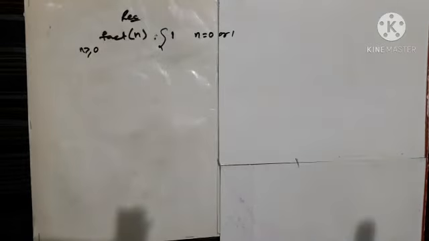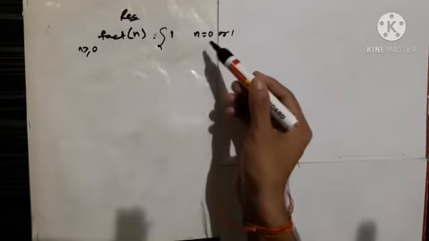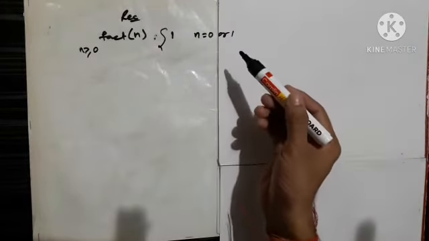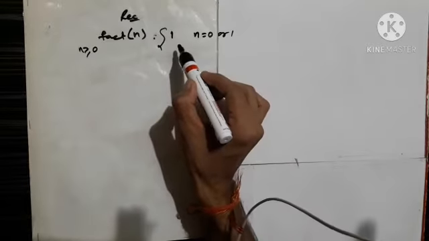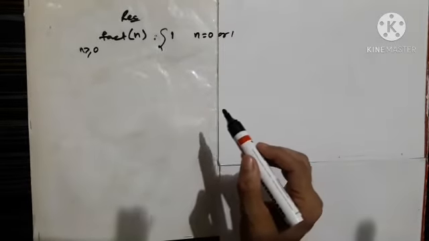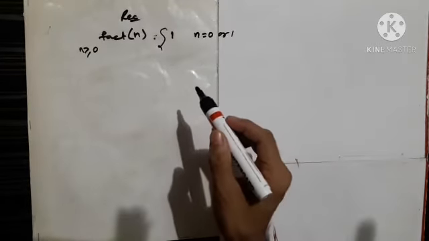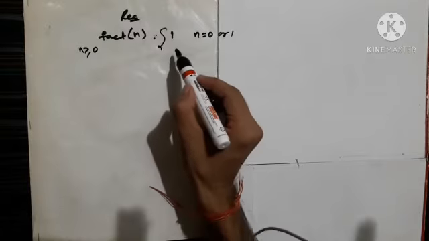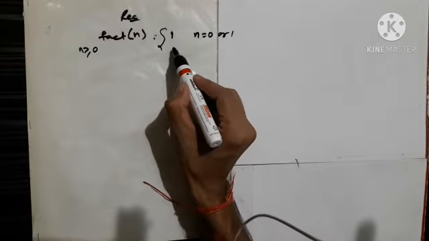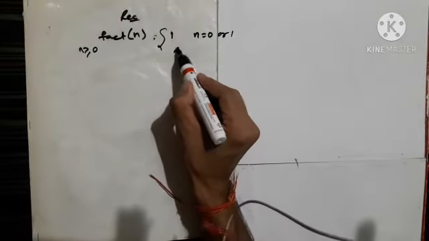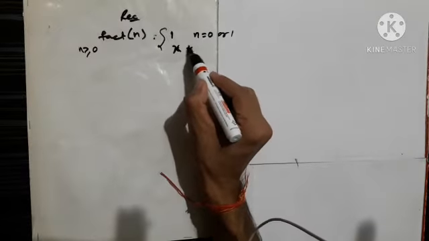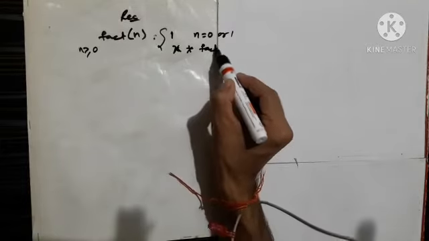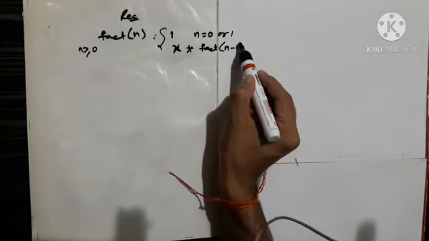Suppose n becomes 0 or n becomes 1, then I return 1, or else I have to return x, which is n times fact of n minus 1.